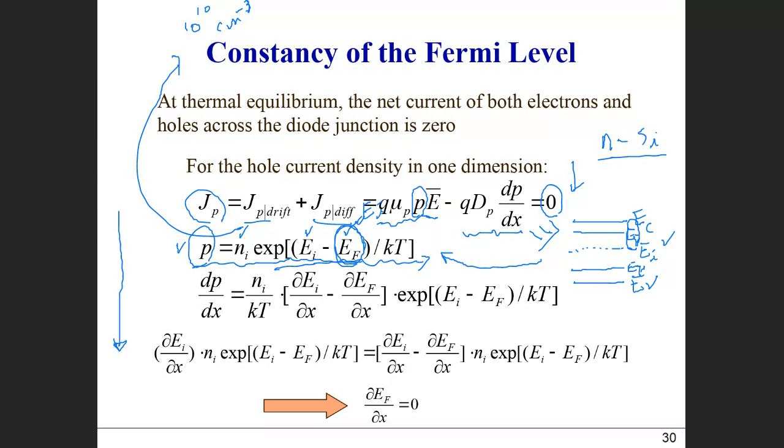So your hole concentration is going to be ni. That is the intrinsic carrier concentration. That way we can understand this formula.